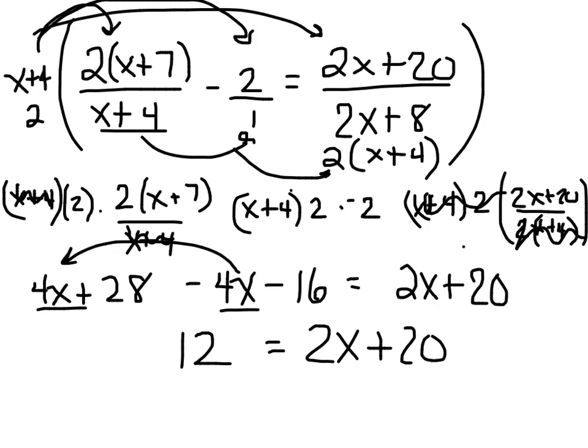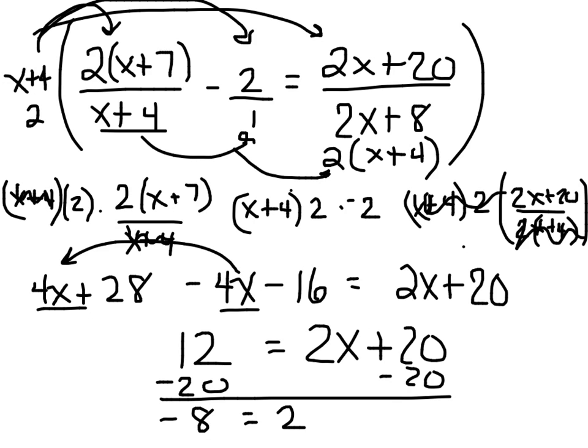Solve for x. What do we do? Subtract 20. What's 12 minus 20? Negative 8 equals 2x. Divide by 2. x equals negative 4. Great job. Does it work? Why not?